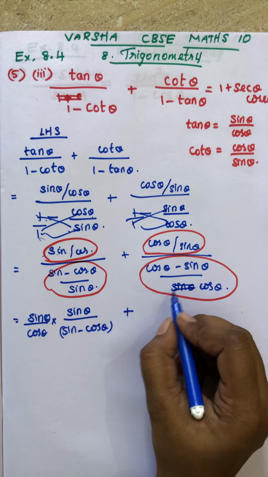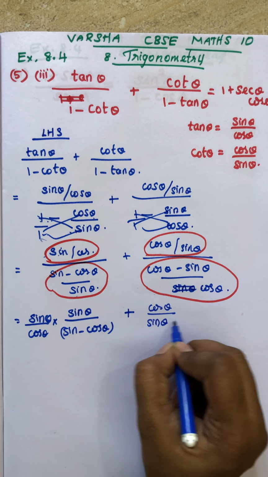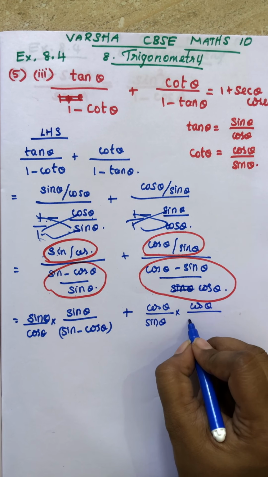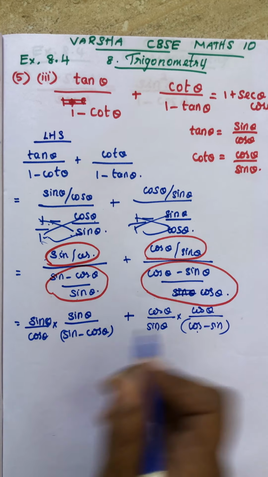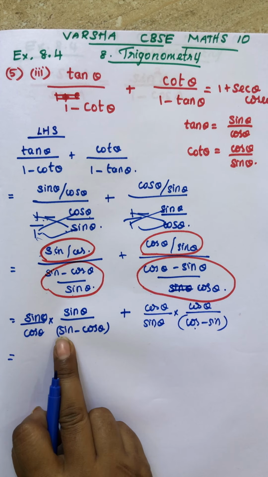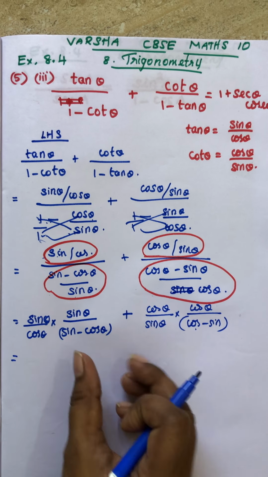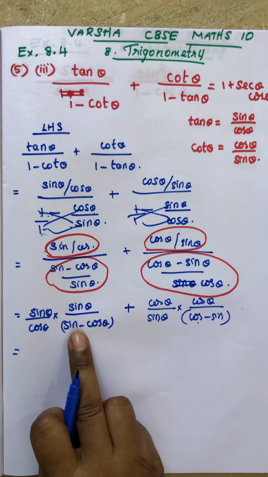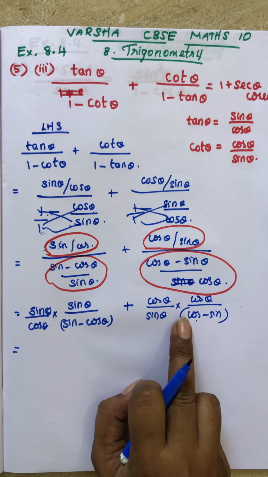This plus, same thing: cos by sine, denominator reciprocal, so cos minus sine. Okay, so what is the next step? See students, this is sine minus cos, but here cos minus sine.